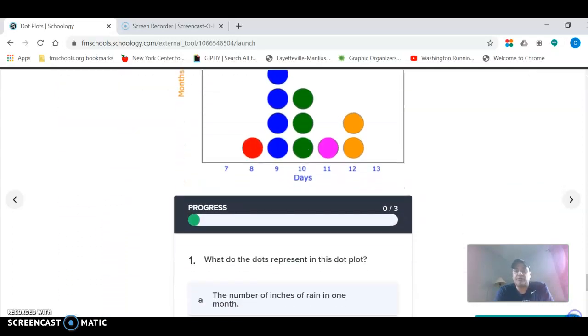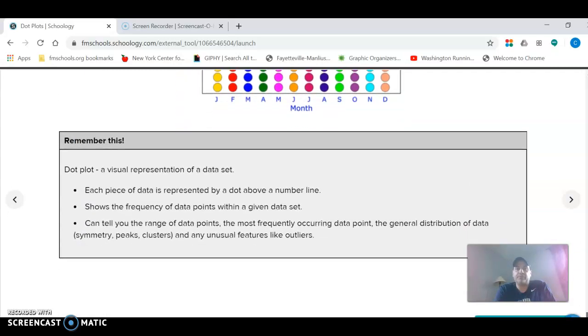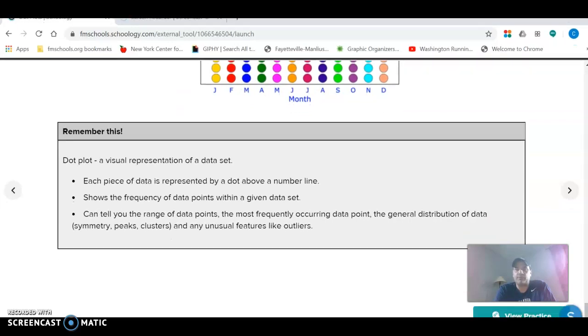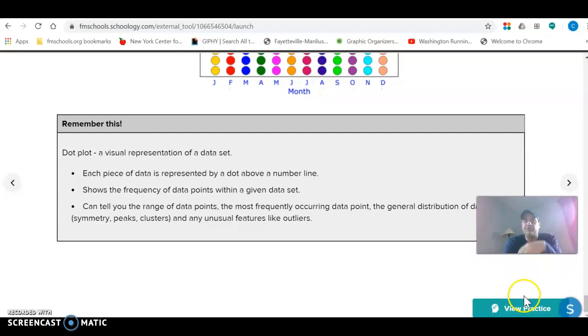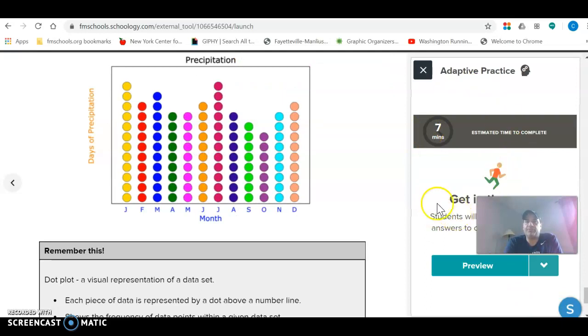As always, when you get to the very bottom of the lesson, let's try to move this down so you can see. There's a view practice. You have to click on view practice, which will bring up your practice problems right here.